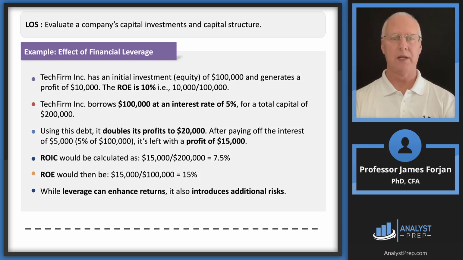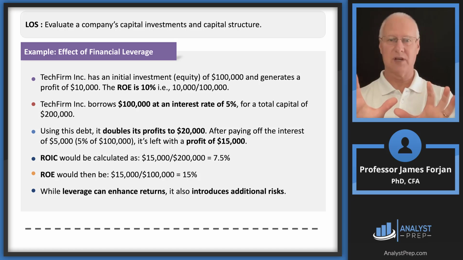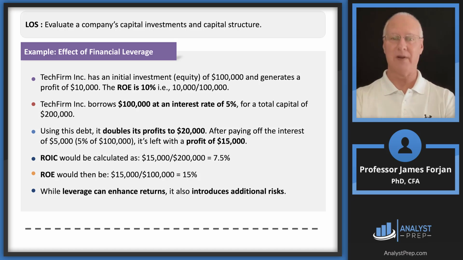So here's a company: an initial equity investment of $100,000 generates a profit of $10,000. So there's a simple return on equity calculation, 10 over 100, right? 10%. So you get a sense of this company, its balance sheet, and its profitability.